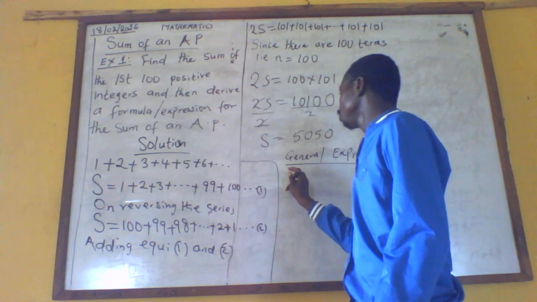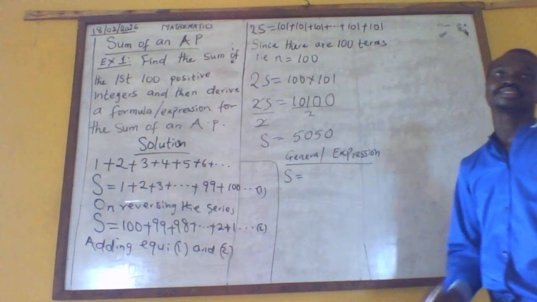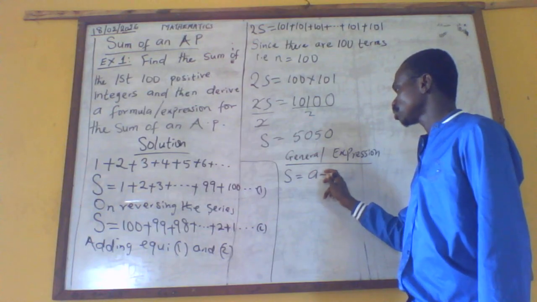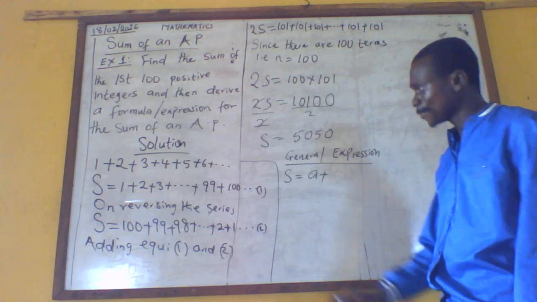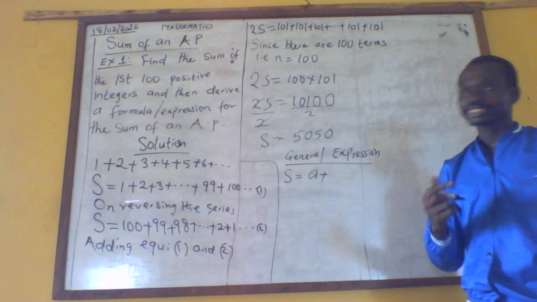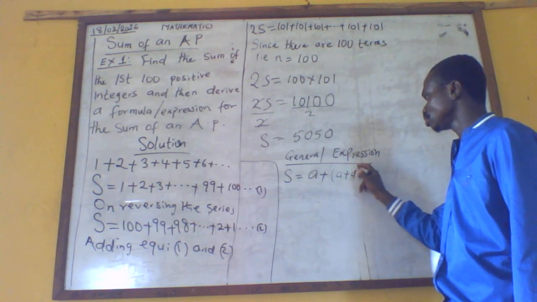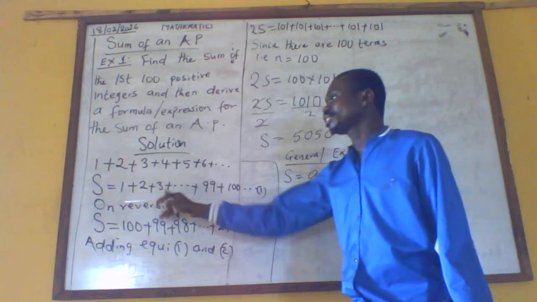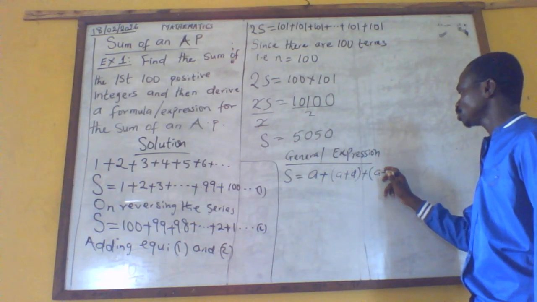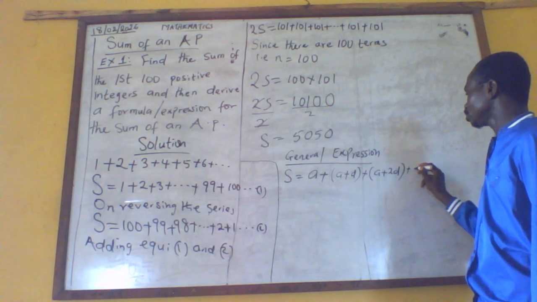So we want to add this up. We have this sum for equation 1. This number 1 is our first term, which is denoted with letter A. Are we together? 2 is our second term, and the second term is represented with A plus D. Number 3 is our third term, denoted with A plus 2D. And it continues like that, right?